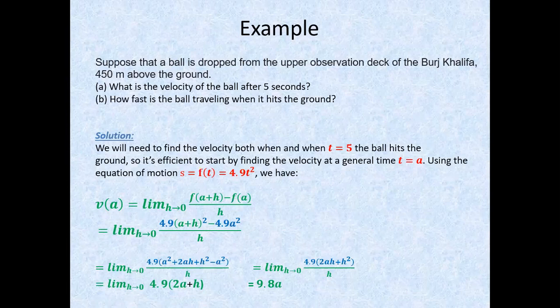The limit as h tends to 0 of 4.9, taking h common, leaves 2a plus h. We put the value of h as 0. So nicely we have 9.8a.